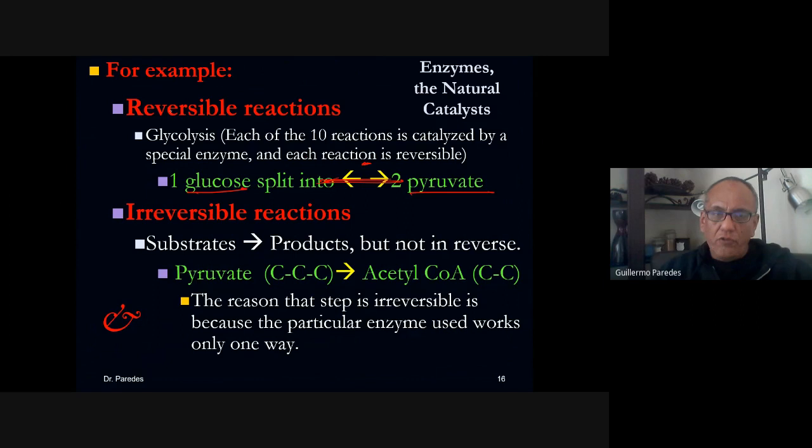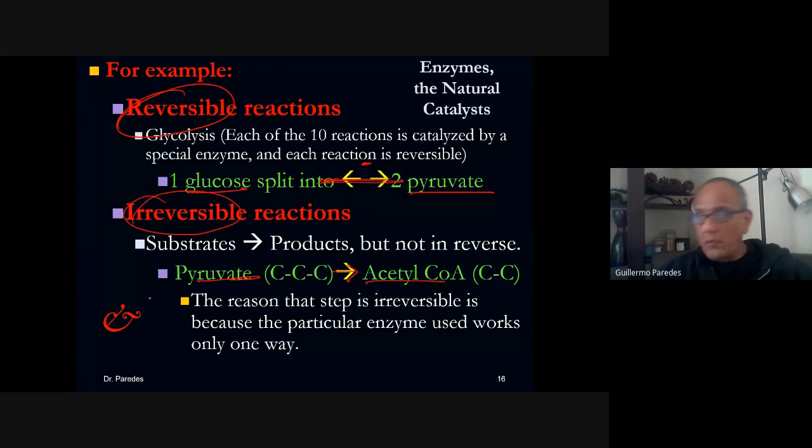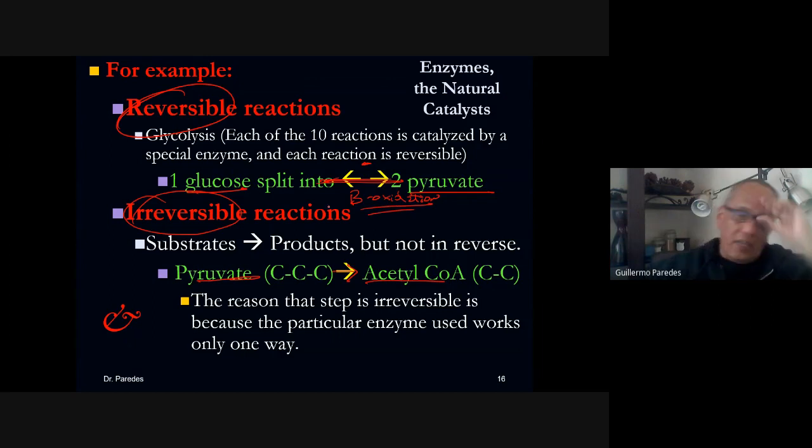So some enzymes are reversible. Other enzymes are irreversible, like pyruvic acid into acetyl-CoA. That is an irreversible reaction. Another example of a reversible reaction is beta oxidation, which turns fats into acetyl-CoA or acetyl-CoA into fats.